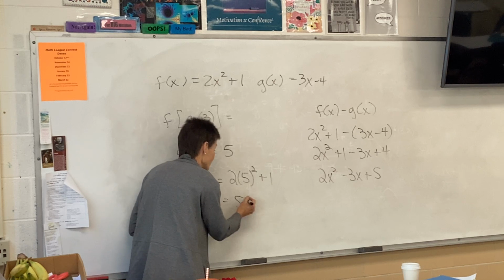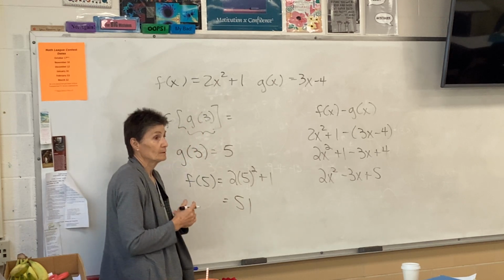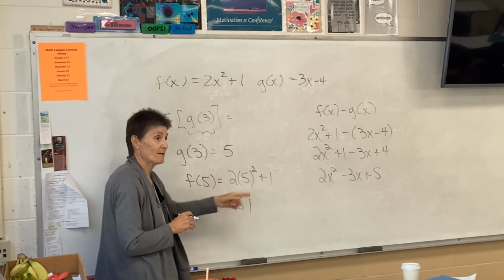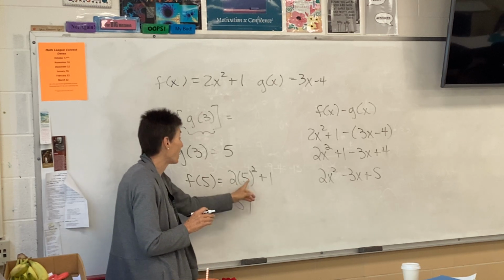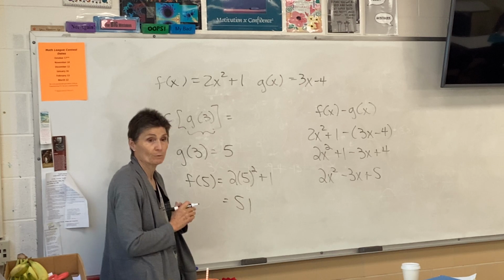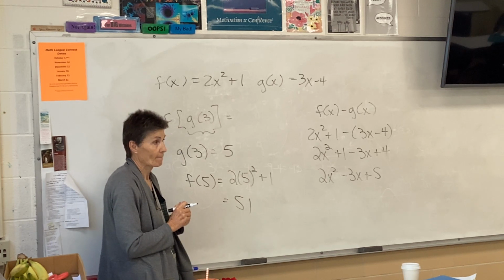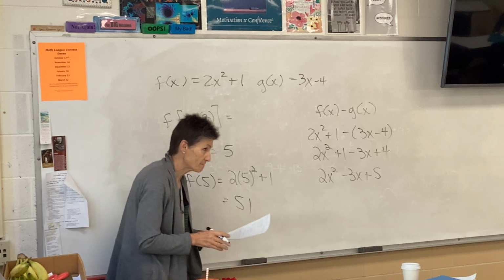The answer is 51. Do not multiply first. Don't do 2 times 5 and then square it. That's wrong. It's 5 squared times 2.